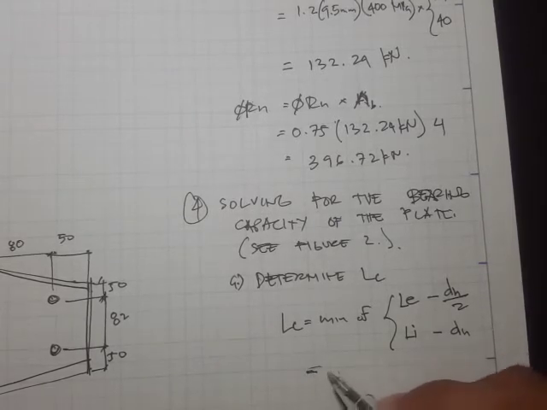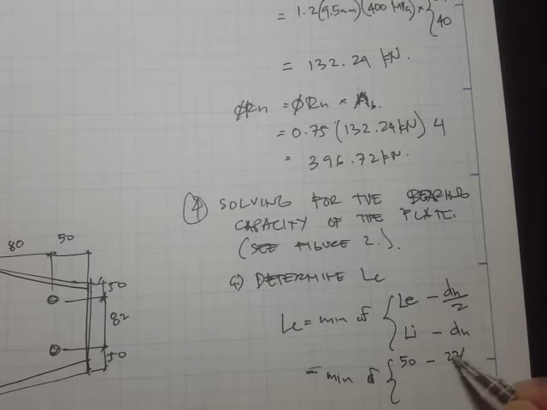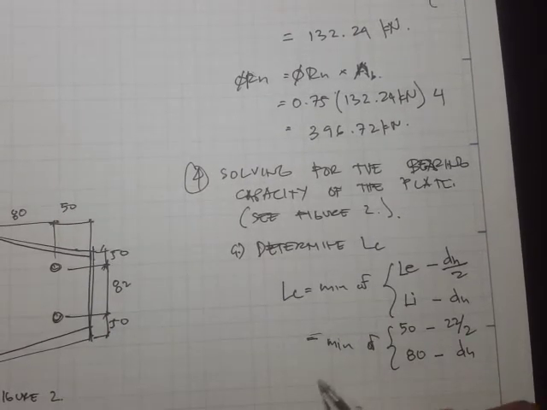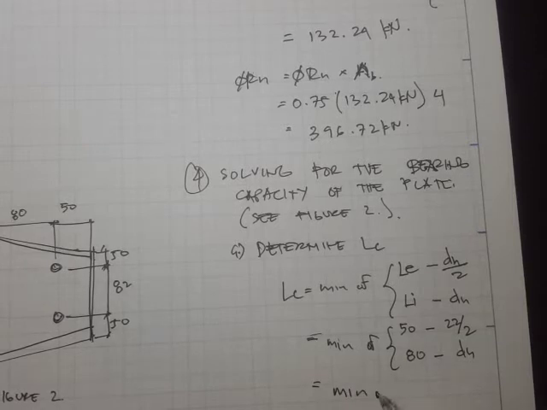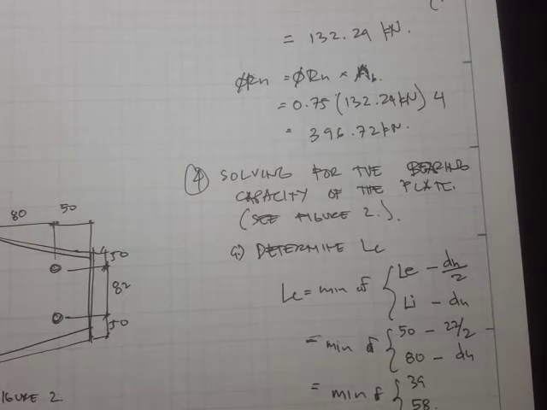Okay, so if we substitute the values, we have this one is 50 minus the diameter of the bolt hole, 22, over 2, and this one is 80 minus the diameter of the hole. That's going to be the minimum of either 39 or 58. So we have this value, 39.